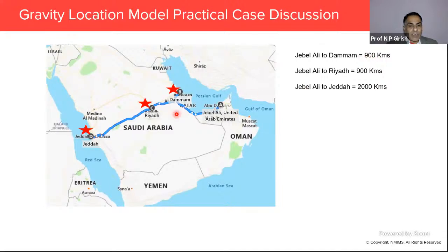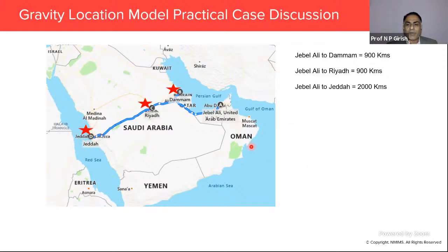Jebel Ali to Dammam. Where is Jebel Ali? Here. To Dammam, here, 900 kilometers. Jebel Ali to Riyadh, 900 kilometers. Why? Jebel Ali to Dammam is like this, to Riyadh is like this. Jebel Ali to Jeddah is 2000 kilometers. You can also go around the continent by sea.